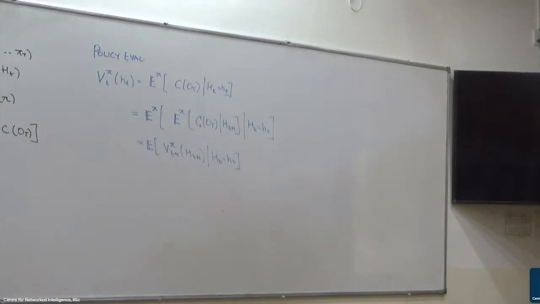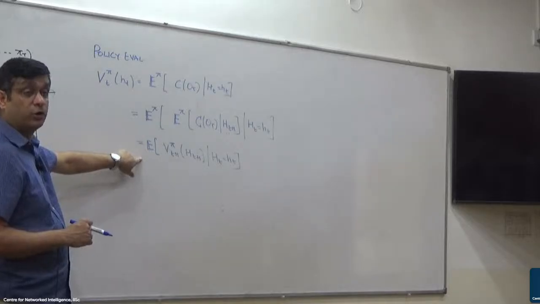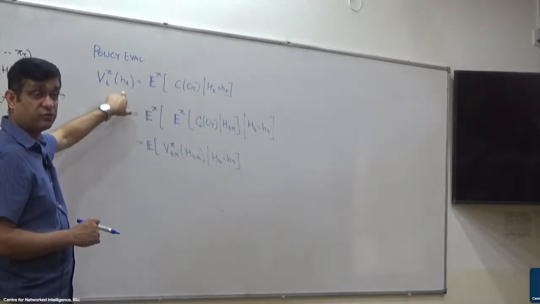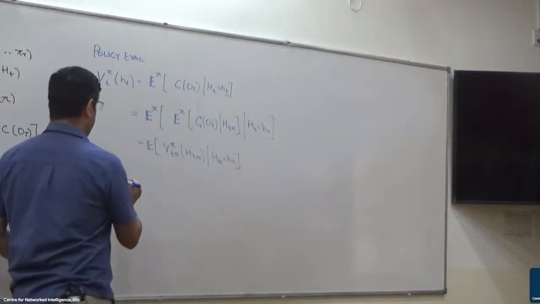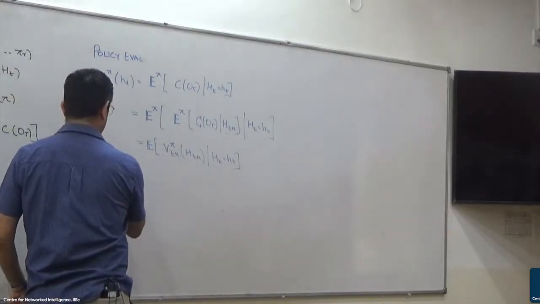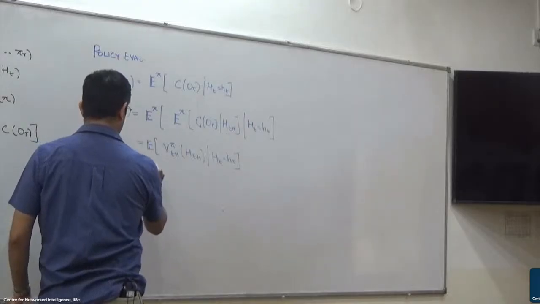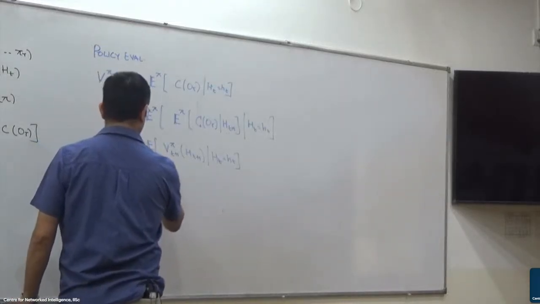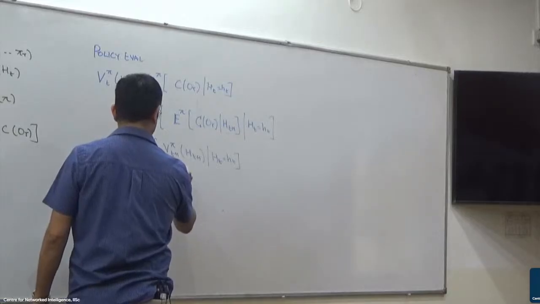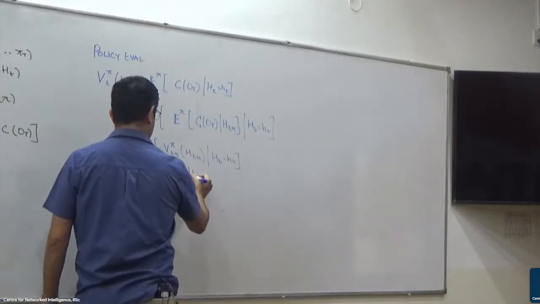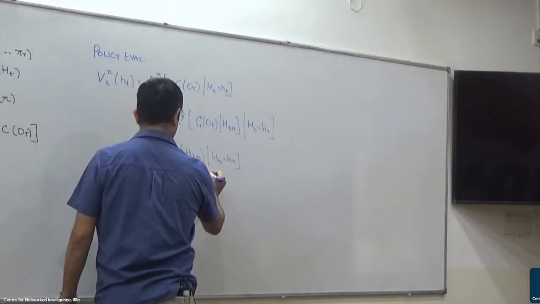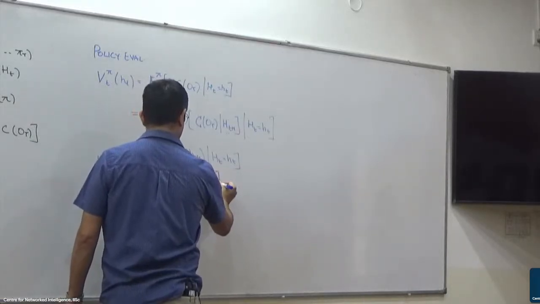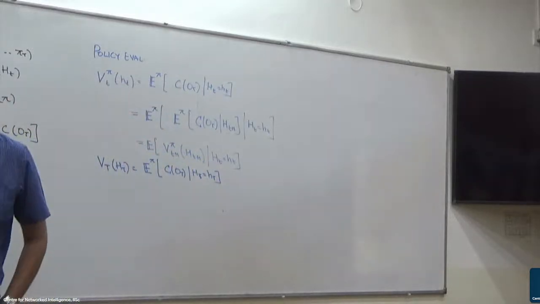So, when I have perfect recall, irrespective of whether I have full state observation or not, I can write down a recursion for computing the policy evaluation of a value function. Okay. This will start at v capital T of ht equal to expectation under pi of c of the outcome conditioned on h capital T equals little ht.